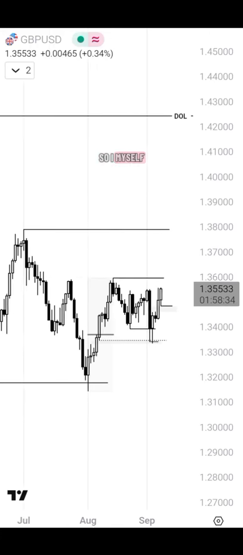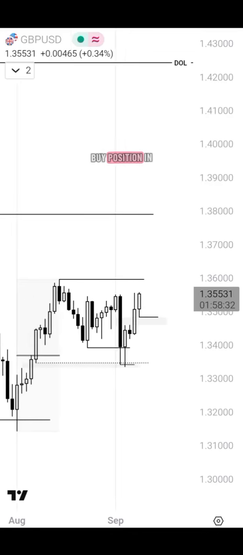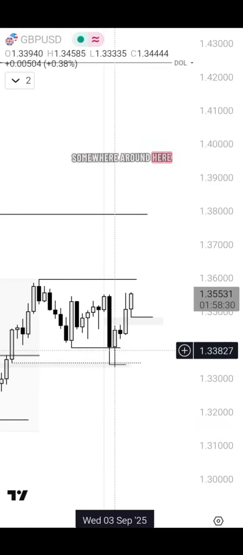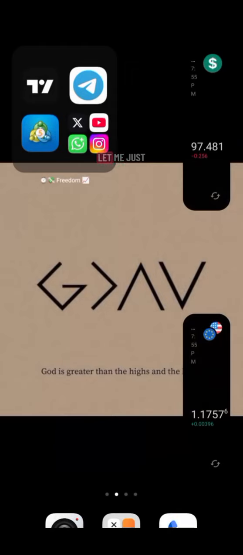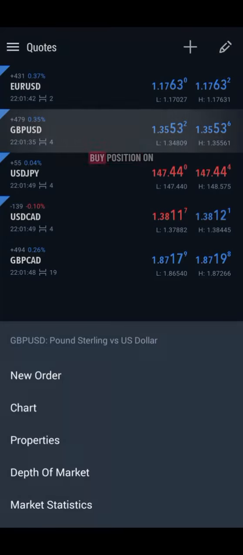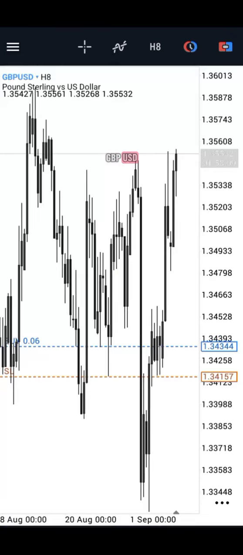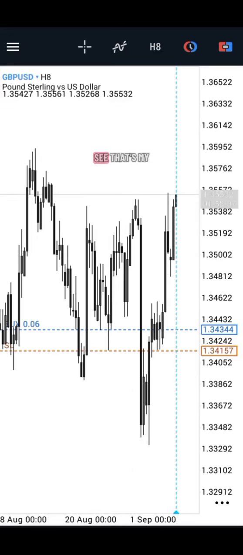So I myself am in a buy position somewhere around here. Yes, around this area I'm in a buy position, and I can show you that. Let me just go to my MetaTrader 5 and show you my buy position on GBP USD, and you can see that's my buy position.